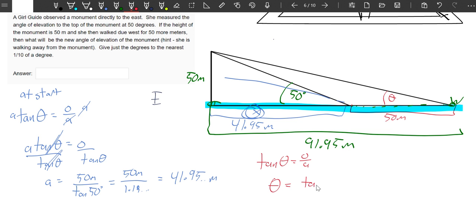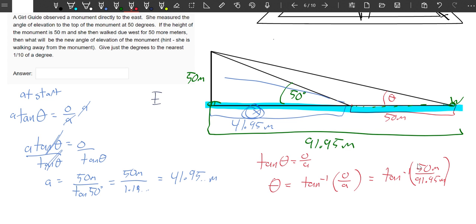is equal to the inverse tan of opposite over adjacent, which is the inverse tan of my opposite side is 50 meters, and my adjacent side is now 91.95 meters.